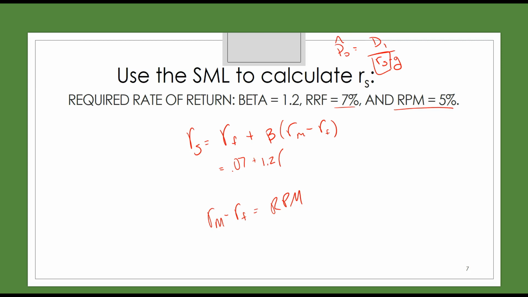And so here we don't have to know what the market return and the risk-free rate are because it's given to us here. We're told it's 5%. If you were calculating this for yourself and you needed to know the market return, you would need to look at a large portfolio, a large group of securities.